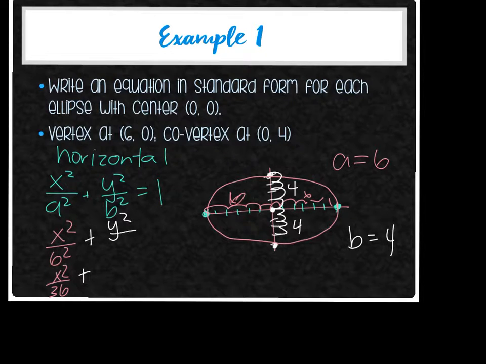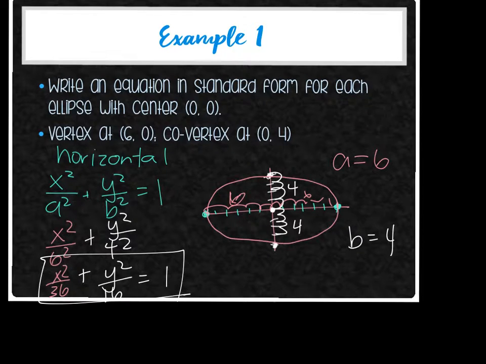So y squared goes over 4 squared. That's it. So you've just got to identify which kind of ellipse it is. Is it horizontal or is it vertical? And then figure out your a, your b, and then square them and put them underneath the correct variable.